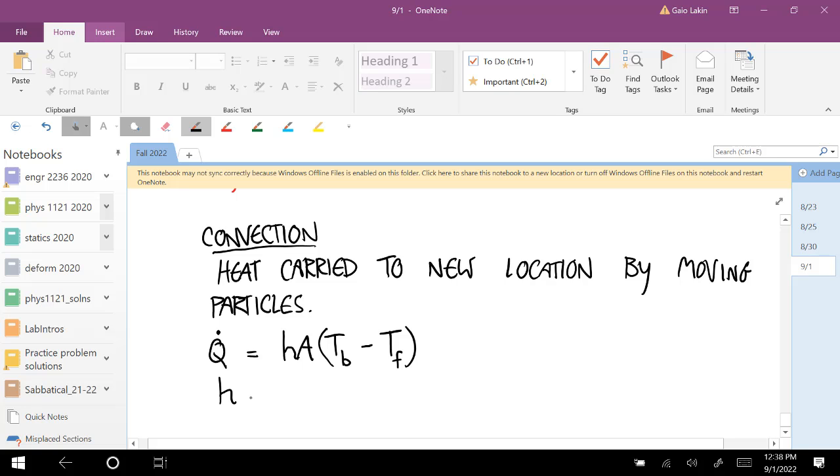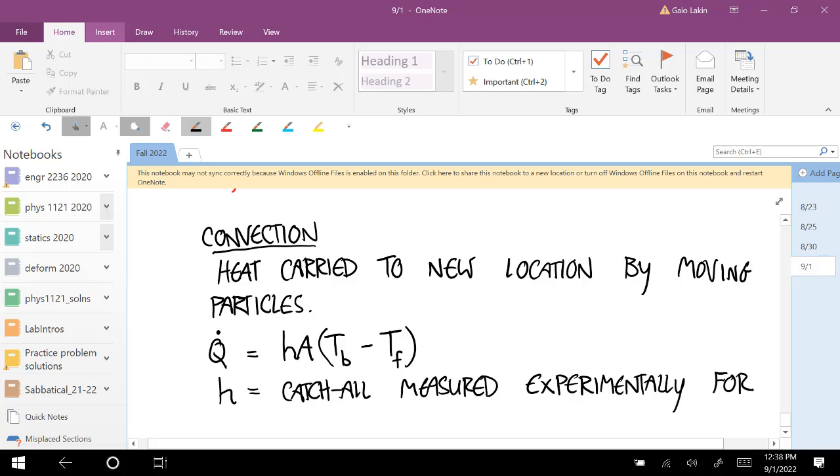H in this case is not like a first principle physics thing. It's a catch-all property that you need to measure experimentally for your specific setup.